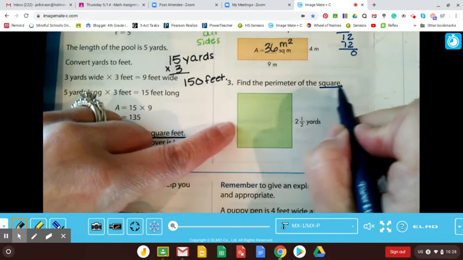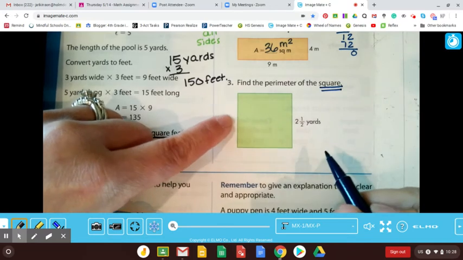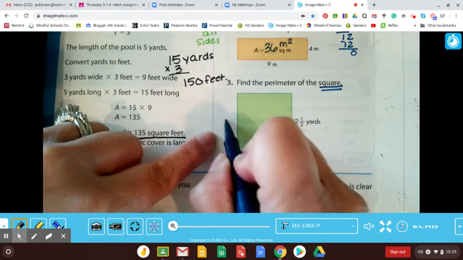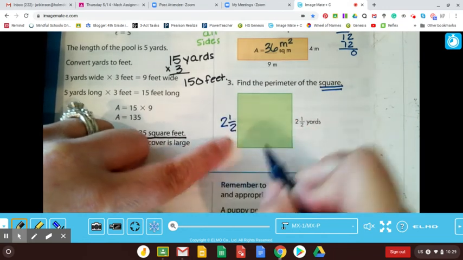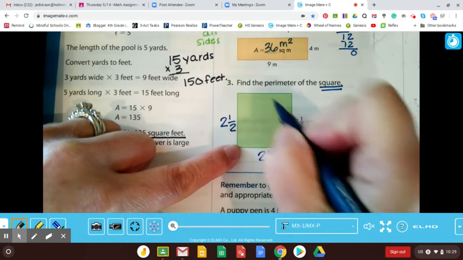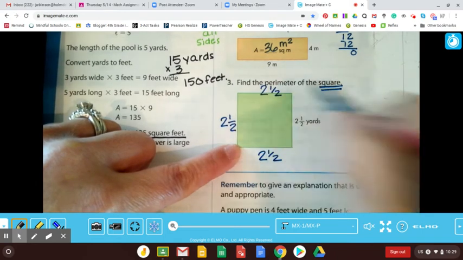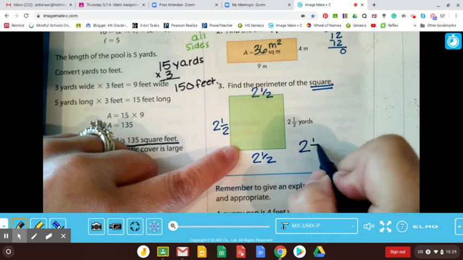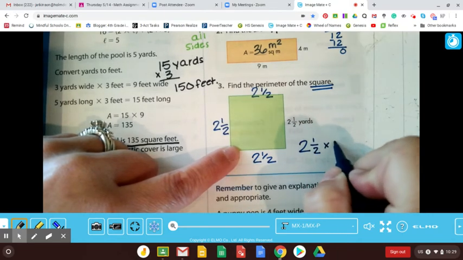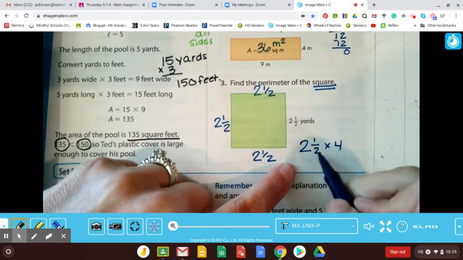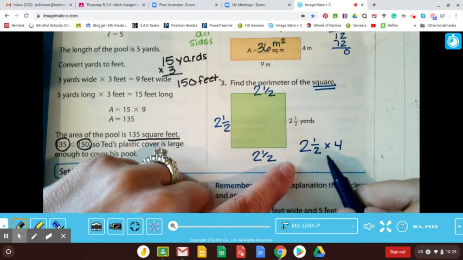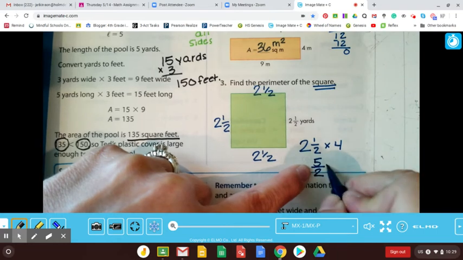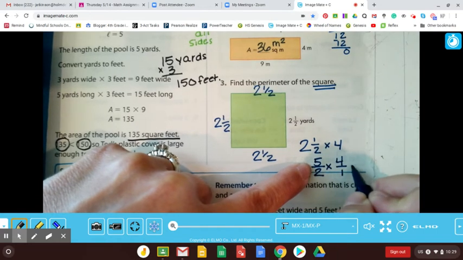Find the perimeter of the square. Now, it's telling me it's a square, so that means that all 4 sides have to be equal. So if this is 2.5, I know that this is 2.5, I know that this is 2.5, and I know that this is 2.5. And I can either multiply, now that we know how to multiply fractions, 2.5 times 4. I can change this. 2 times 2 is 4, plus 1 is 5, so 5 halves times 4 over 1.